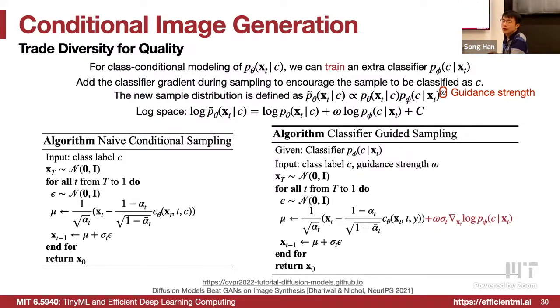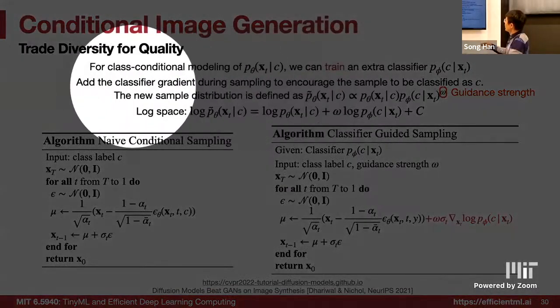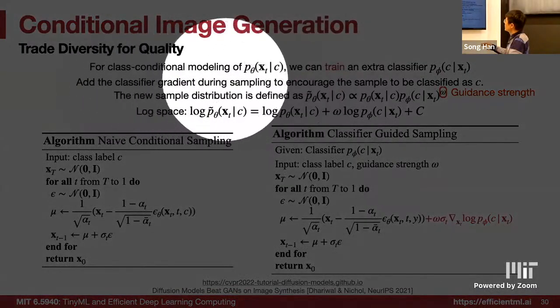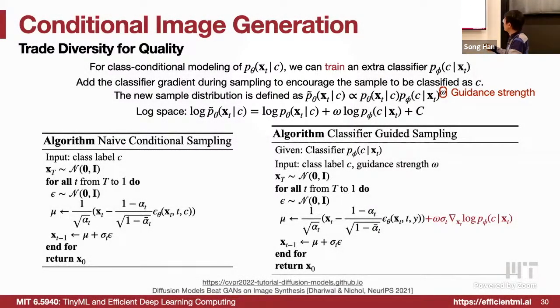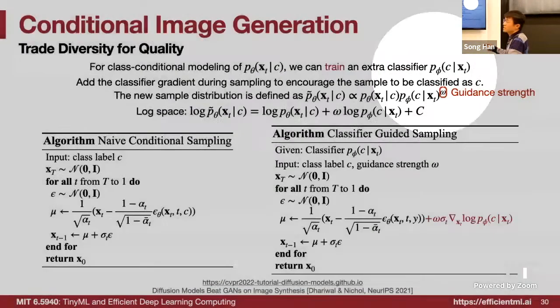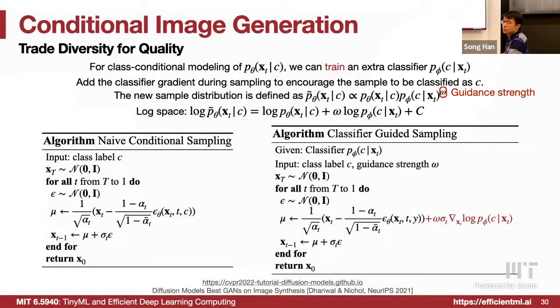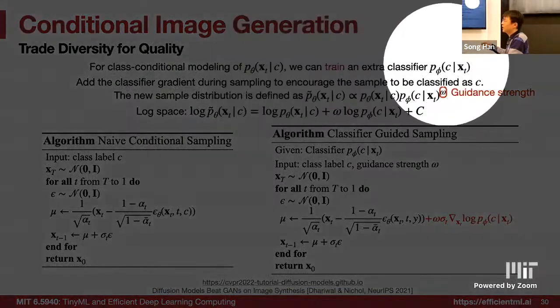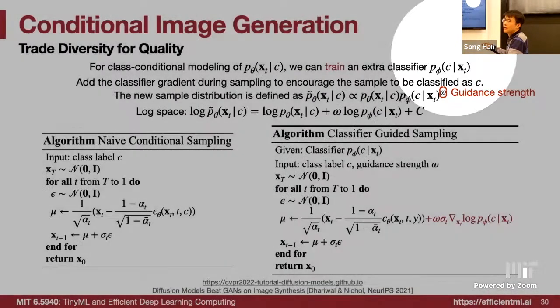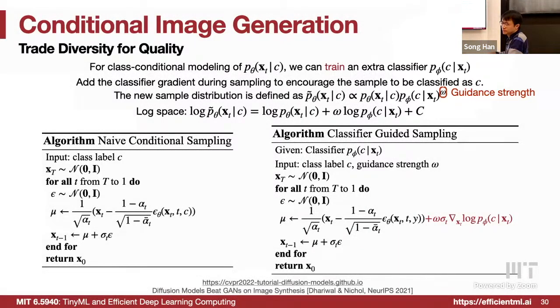We want to make sure the class is exactly the one we want to generate. So we can add the classifier gradient during the sampling, to make sure the sample is classified as C. So we not only want to run this generation model, but also this discriminant model, to make sure the generated image exactly belongs to the class.